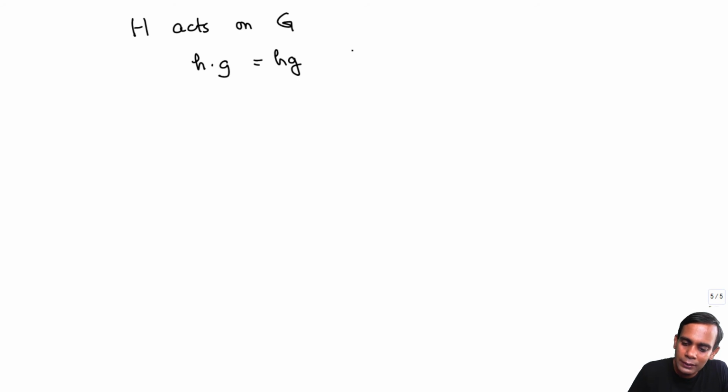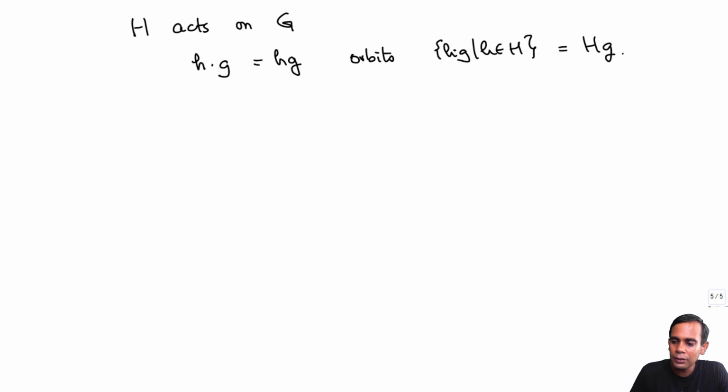And then the orbits for this action are precisely, what is the definition of orbit? h dot g, h in H, which is just Hg.